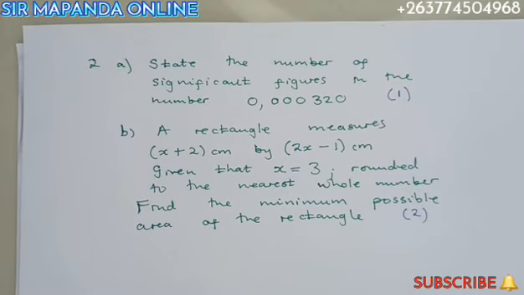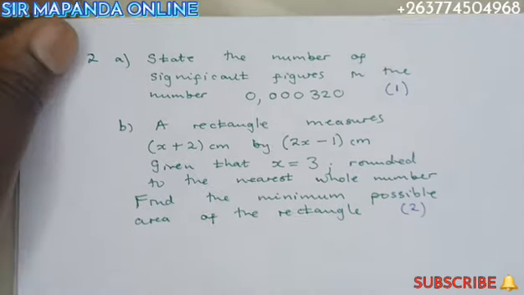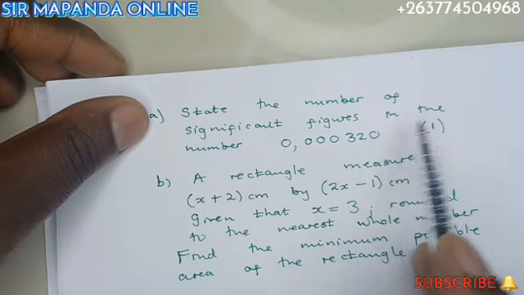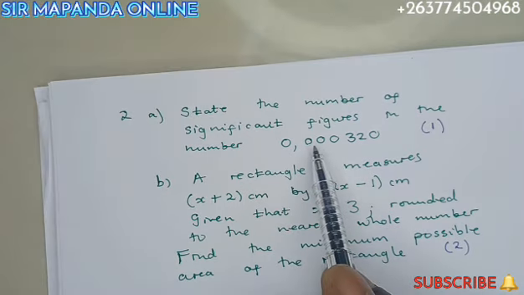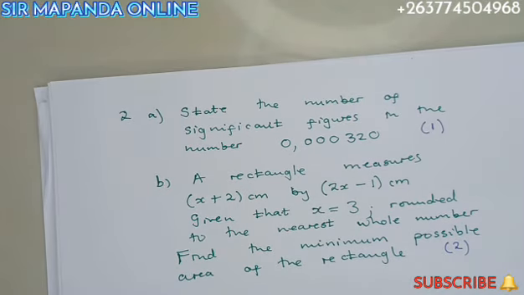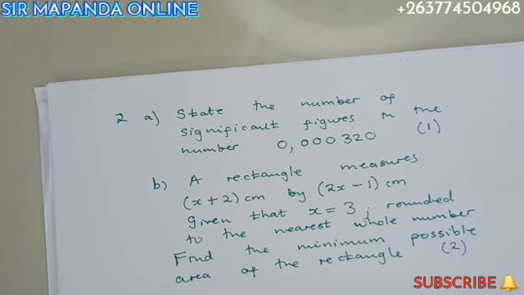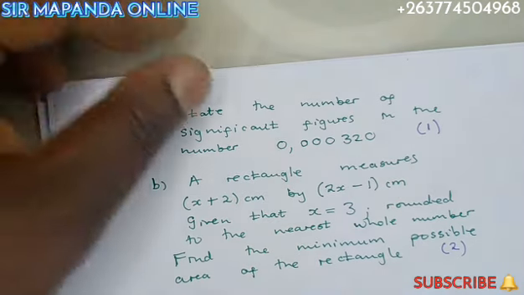Right, so takwenda pa question number 2. Iri kuti state the number of significant figures in the number 0,000,320. Right, saka iwo chaunofana kuziva ndechekuti mazero ayo amuri kuona ayo 4 ekutanga hatimaconsider sema significant figures.